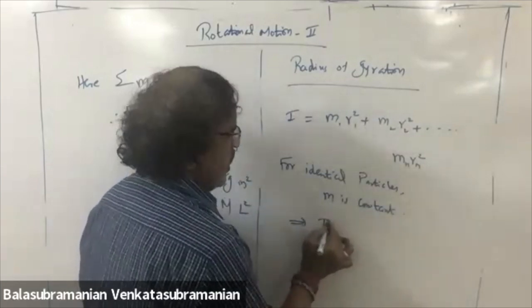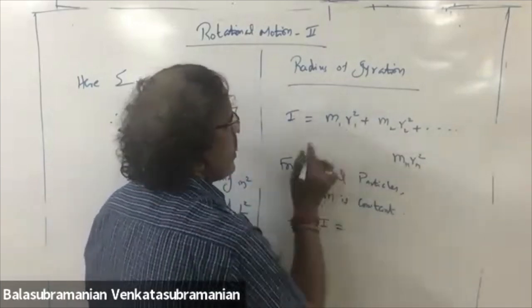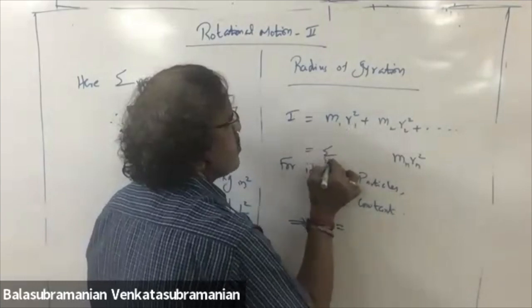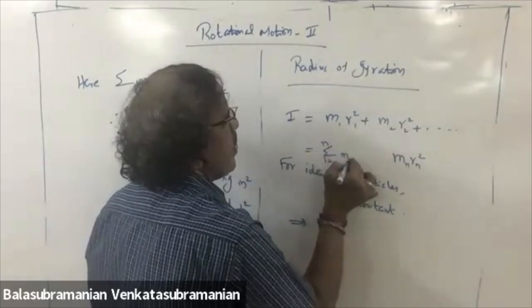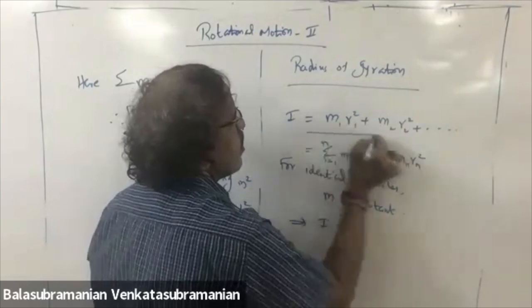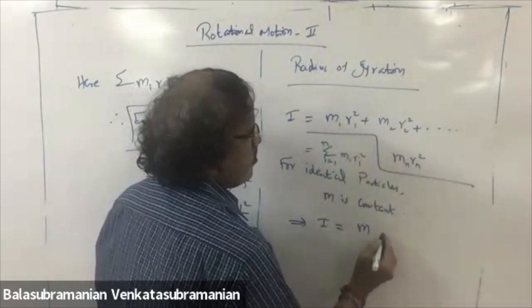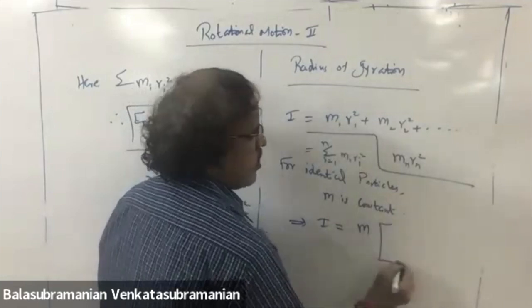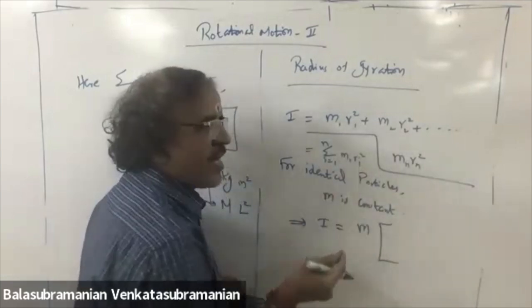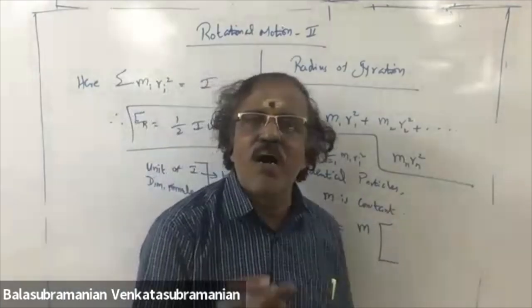Therefore, I is equal to sigma i is equal to 1 to n mi ri square. So take m outside: m r1 square, m r2 square, m rn square.